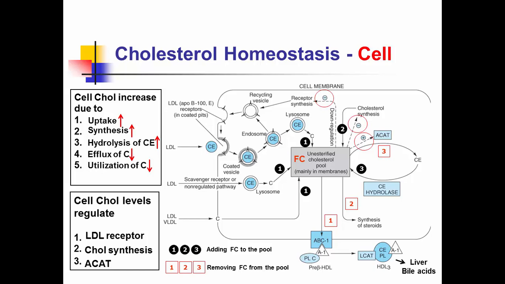So try to remember these 5 different things that regulate the cellular cholesterol levels, which is also important for the development of atherosclerosis, if this happens in the macrophages. And I think we already talked about this: the LDL receptor can control the uptake of LDL. All right, so I just want to stop here.